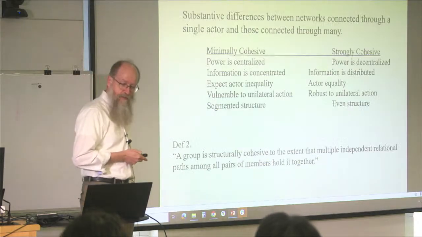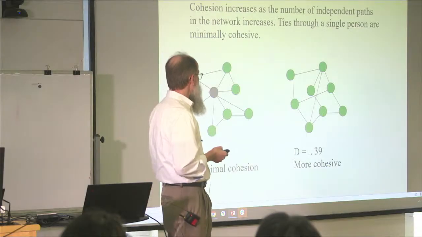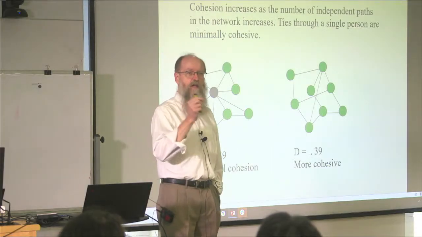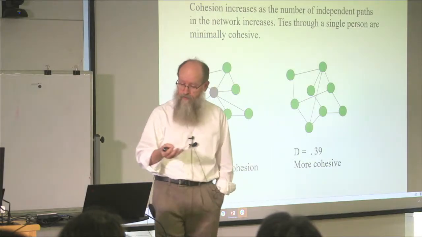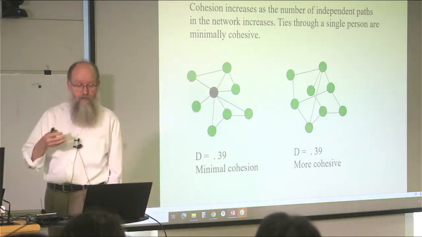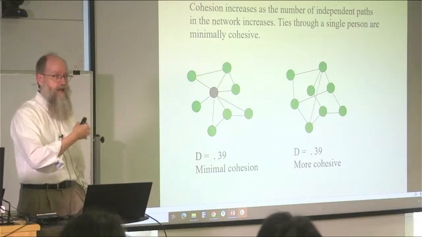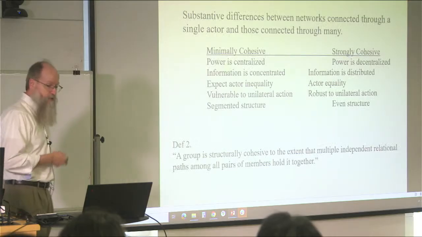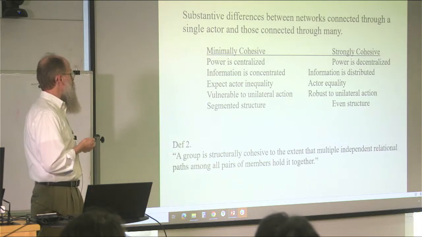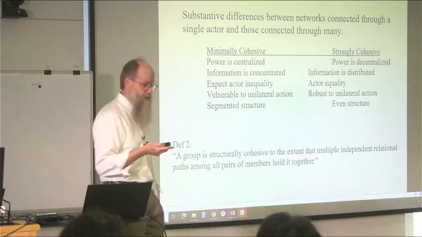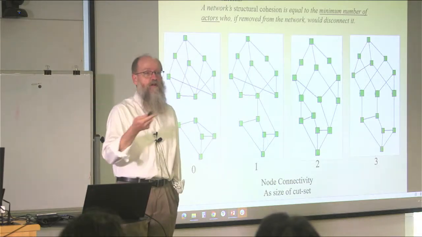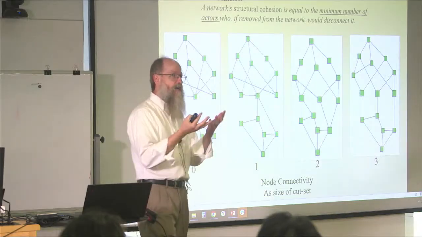And then I remembered that there's this stuff coming out of graph theory where we have the idea of node connectivity. And this is the advantage of having read Harary and having talked to a guy called Doug White, who was really the first to have this idea. We were talking together and came up with this notion that we can array cohesion across these different sets, and that's what gave us the notion of structural cohesion. That's where that idea came from.